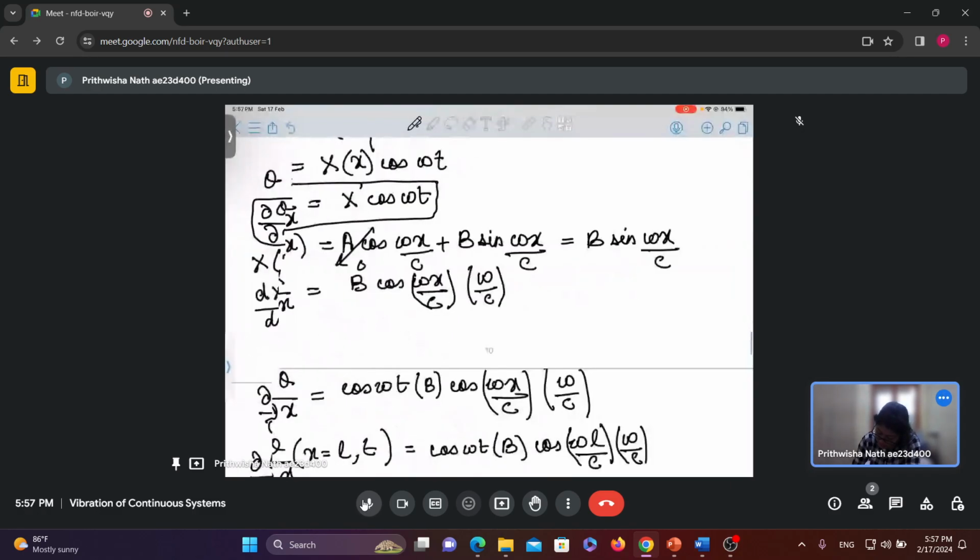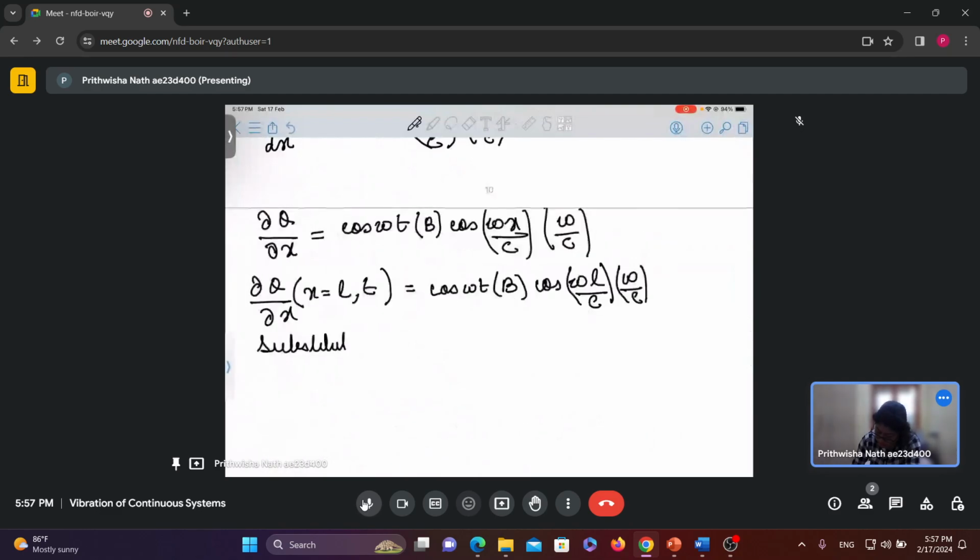Now substituting in equation 4, how can I write this as Gj omega by C cos of omega L by C. Now there is a B also.